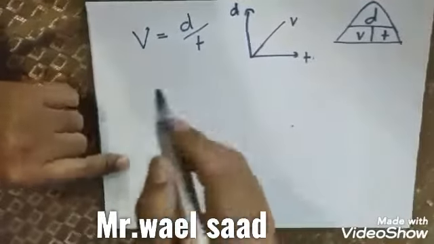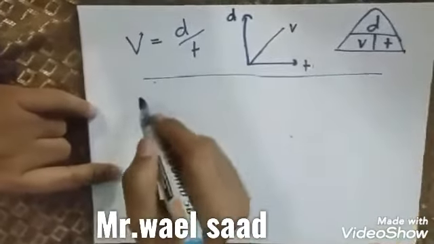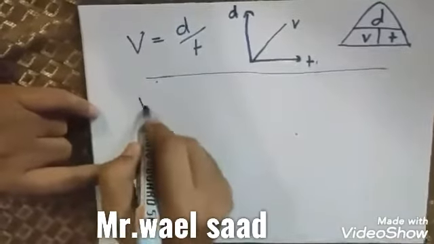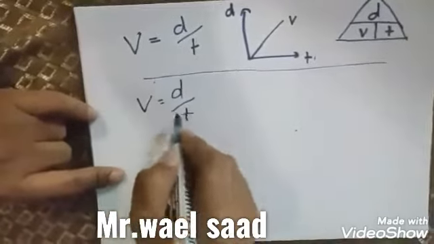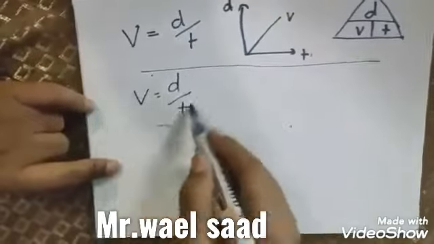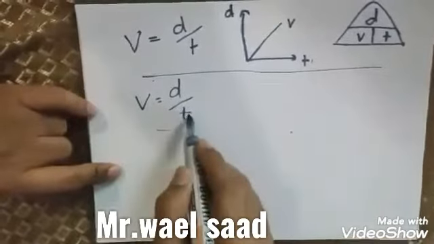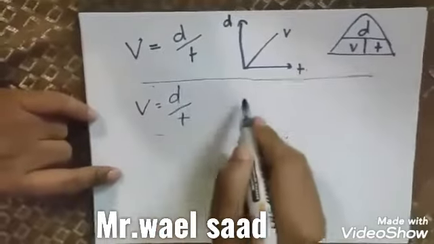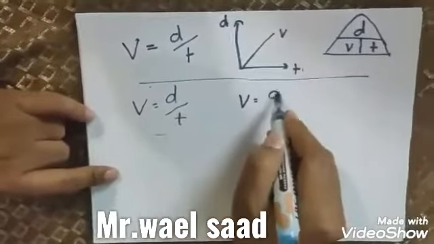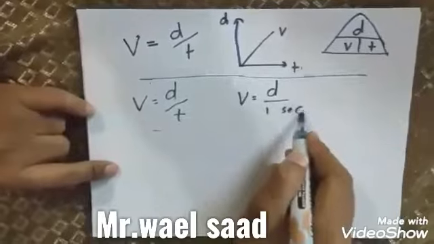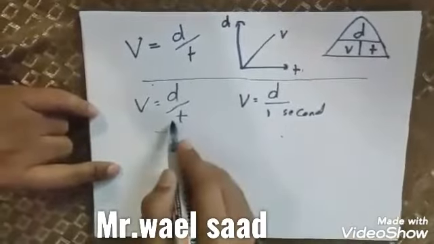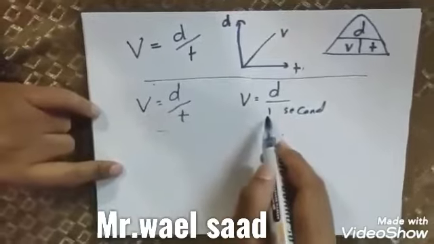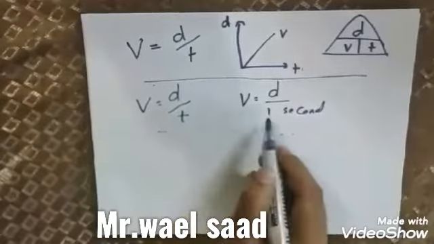Okay. Now I want to write a definition for speed. How can I define speed? Speed equals distance over time. Always when I want to put a definition, I suppose that the lower one here equals 1. So if I say v equals distance over 1 second, because time is in seconds, I suppose that time equals 1.